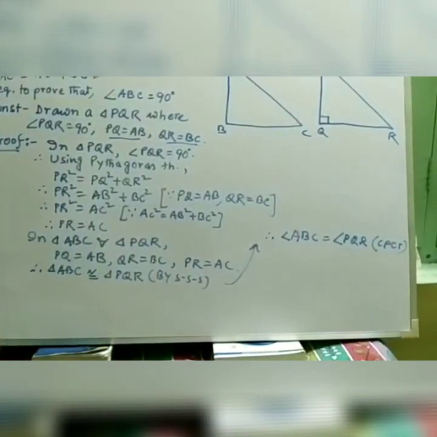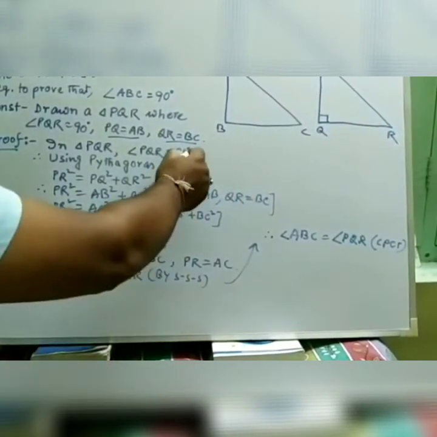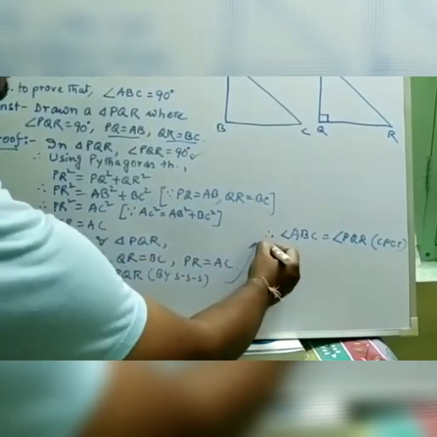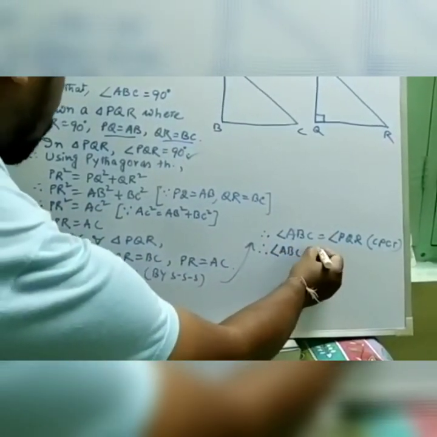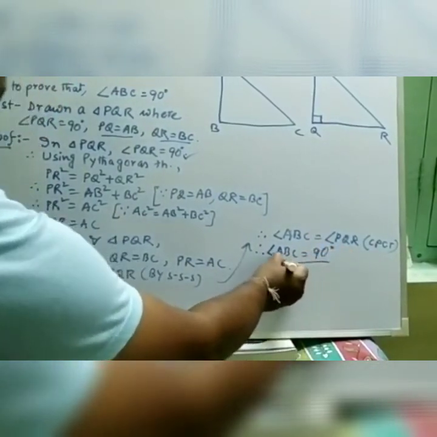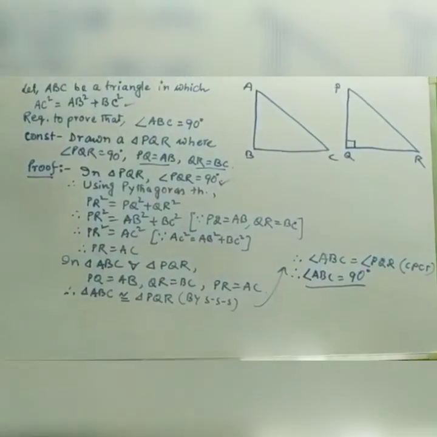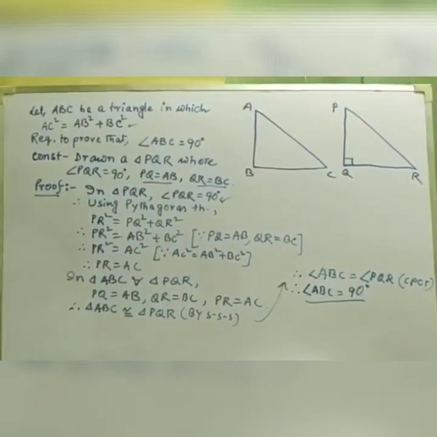So we can use CPCT and you get that angle ABC equals angle PQR, and you have angle PQR equals 90 by construction. So from here we can write angle ABC equals 90 degrees, and this is the proof of the converse Pythagoras theorem. So this is all about the converse Pythagoras theorem, and you need to go through all of these.